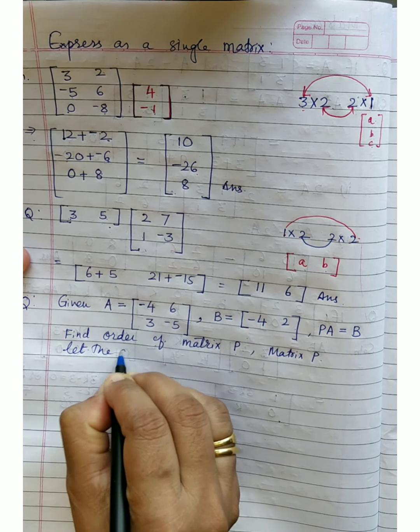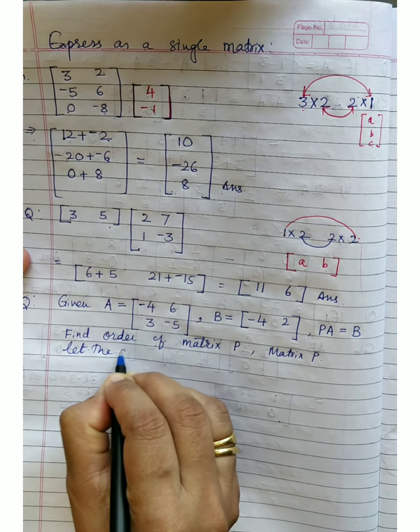So let's write like this. What is the order of matrix P? M cross N. Now this is getting multiplied with matrix A. Matrix multiplication will be possible only when the number of columns in this matrix is equal to the number of rows in matrix A. What is the order of matrix A here? 2 by, this is the number of rows and this is the number of columns here, right?